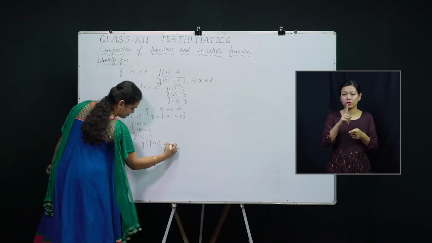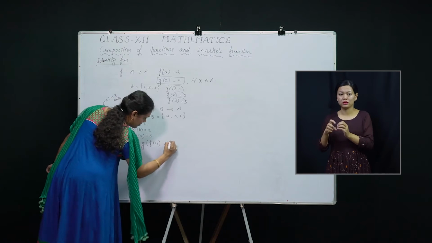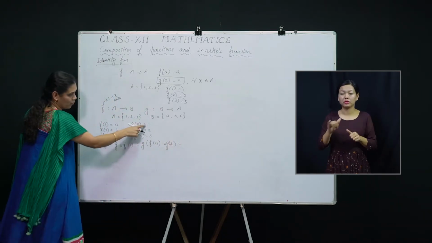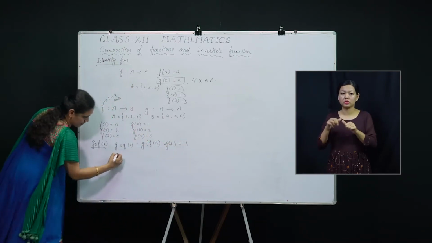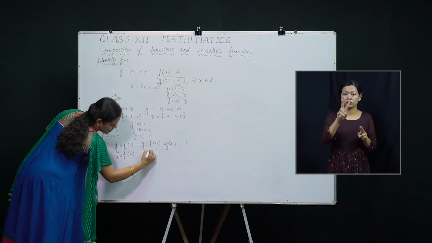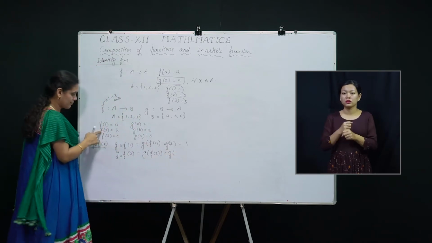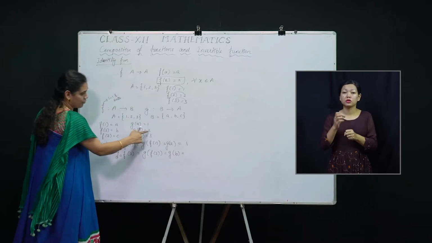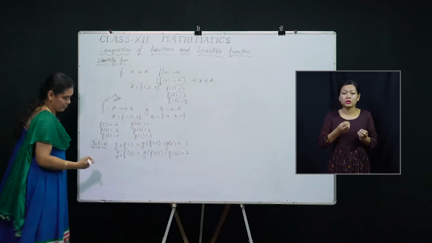So g(a), and g(a) is 1. When you take 1, you get the answer 1. Then g∘f of 2: g(f(2)), f(2) is b, so g(b) is 2. When you take 2, you get 2 as your output.